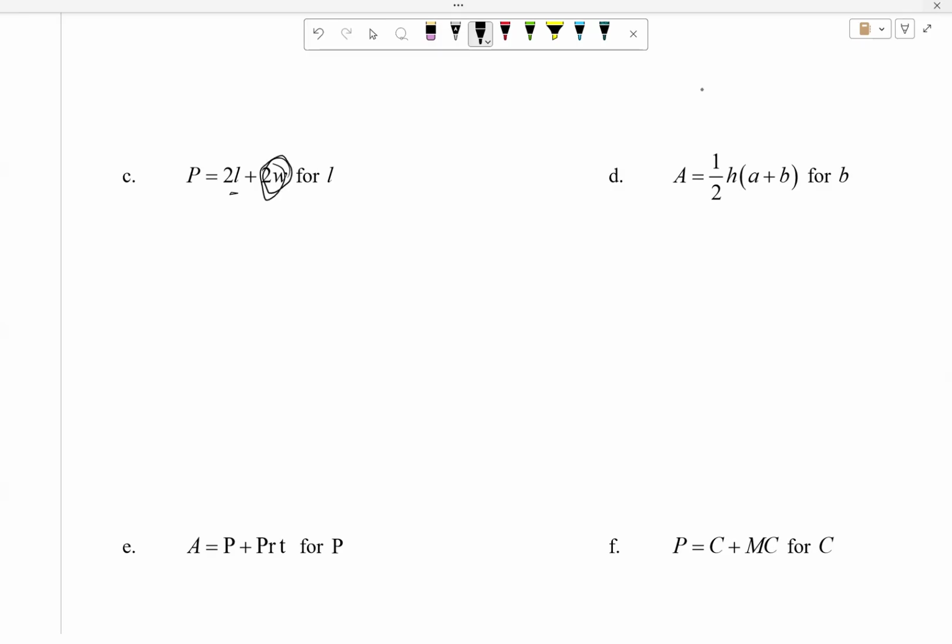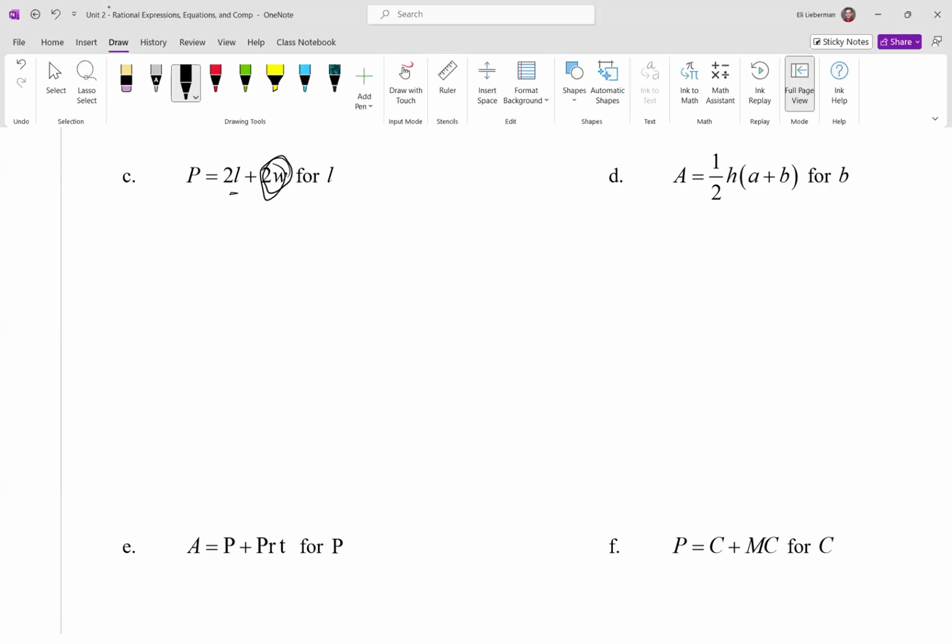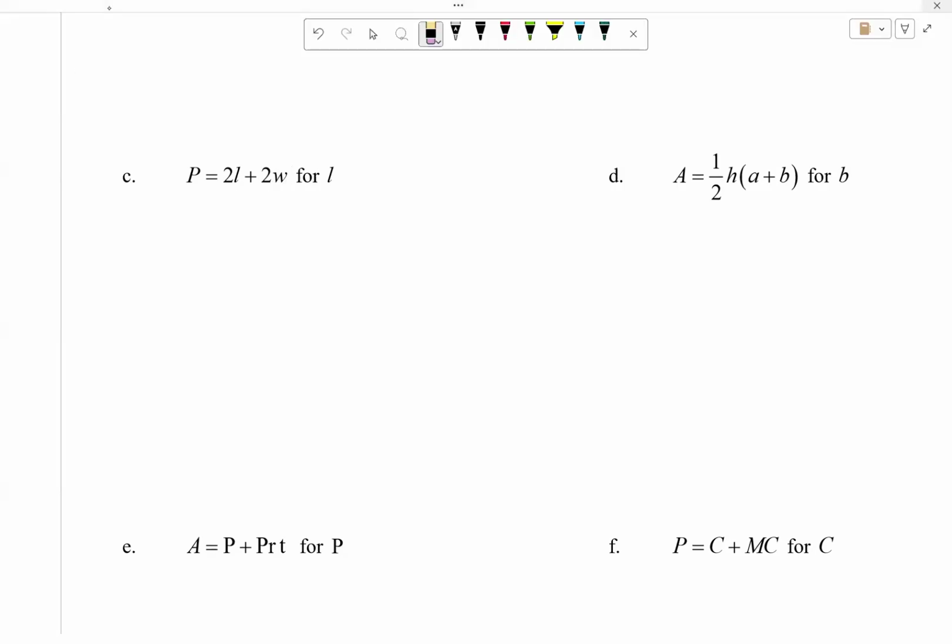I see this right here is kind of in the way. Oh, you have to get that. So I heard it: subtract 2W. So it becomes P minus 2W equals 2L. And now divide by 2. And when you divide, please divide everything by 2 like this.